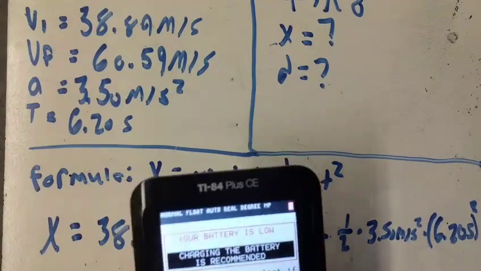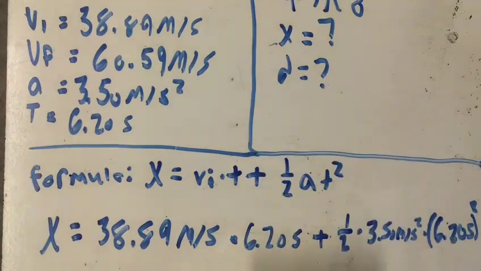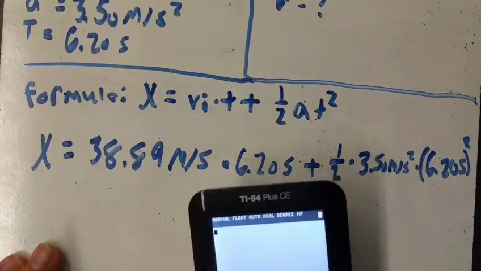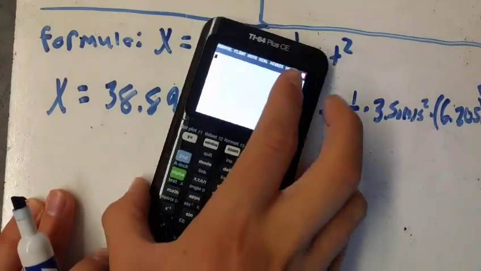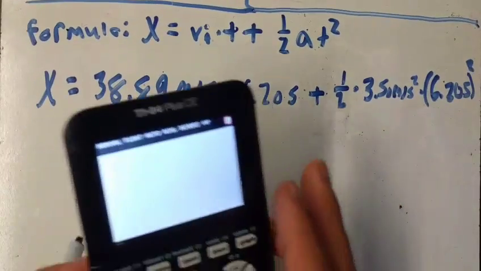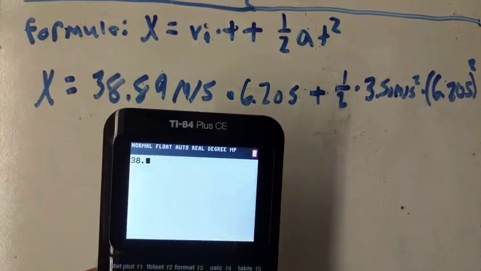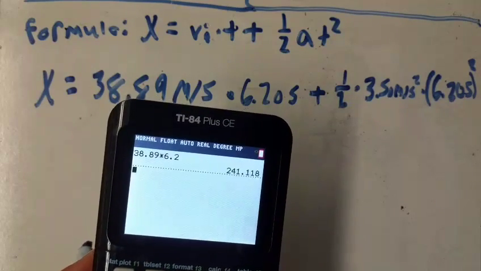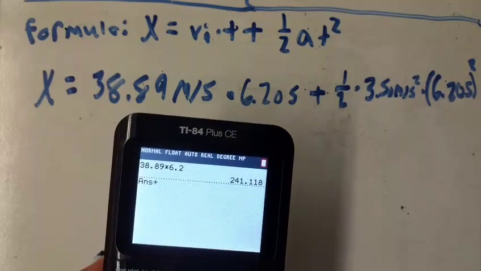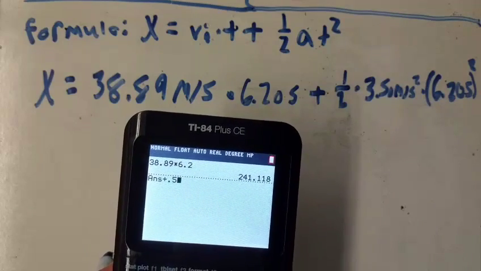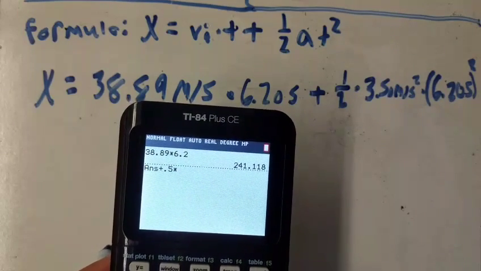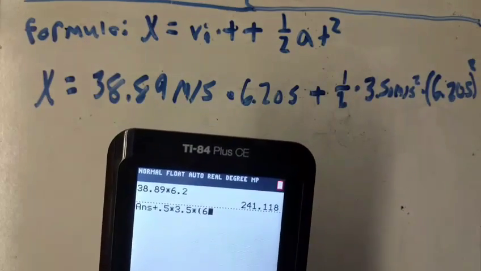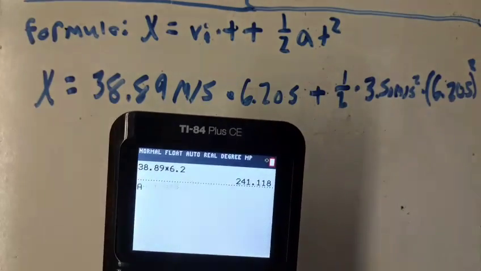So now all we have to do is plug this in and get our answer. We'll get our calculator out. So 38.89 times 6.2 and then plus 0.5 times 3.5 times 6.2 squared.